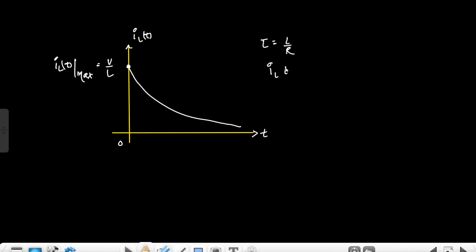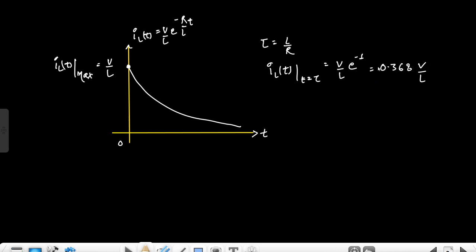So the current value at t equal to the time constant will be V by L times e raised to the power minus R by L of t. So it will be V by L and e raised to the power minus 1, and e raised to the power minus 1 is 0.368, that is 36.8%, right?